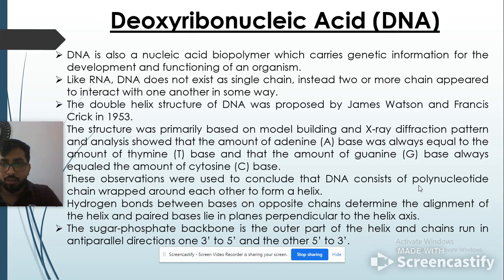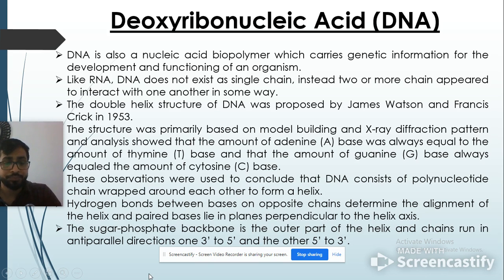Now, the bases adenine and thymine are connected to each other by hydrogen bonds. Similarly, the bases guanine and cytosine are also connected with each other through hydrogen bonds. Hydrogen bonds between bases on opposite chains determine the alignment of the helix, and paired bases lie in planes perpendicular to the helix axis.